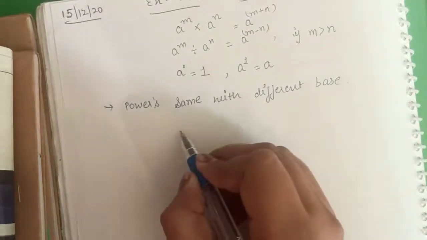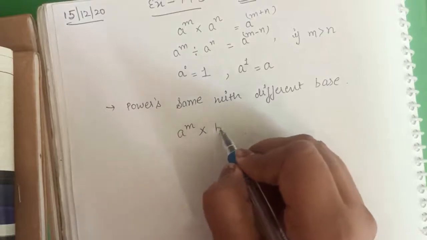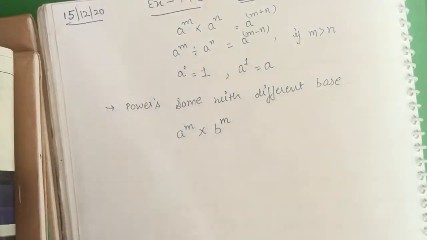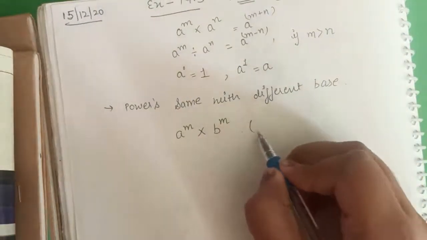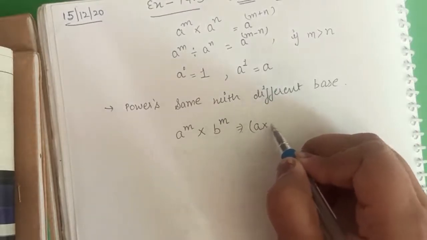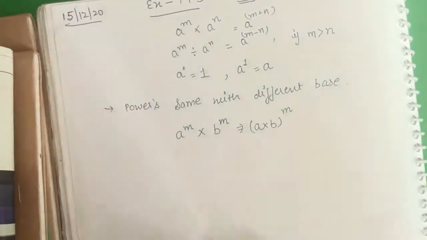Like a to the power m multiply b to the power m. Power same, as I told you, a to the power m multiply b to the power m. So here it is equal to the product of a and b to the power m. Power will remain the same.